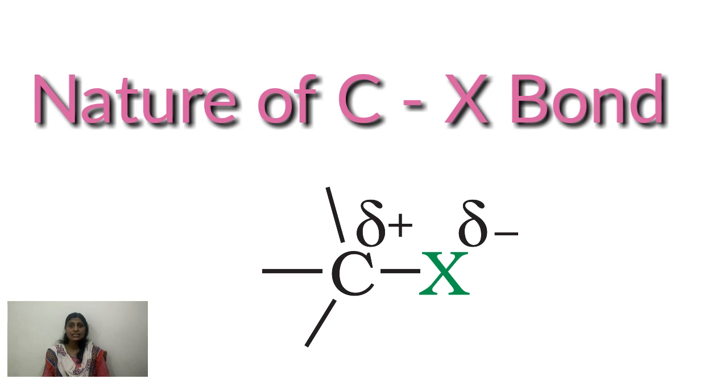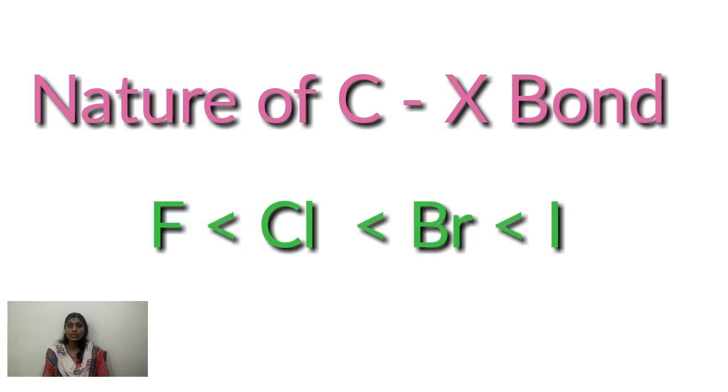The size of the halogen atom increases as we go down the group of the periodic table. So fluorine is the smallest and iodine is the largest. Fluorine, chlorine, bromine, iodine, like that. Consequently, the C-X bond length also increases from C-F to C-I. That is, as the size increases, the C-X bond length also increases.